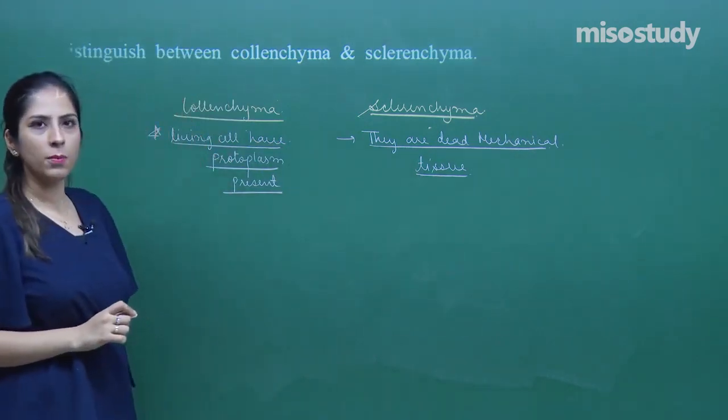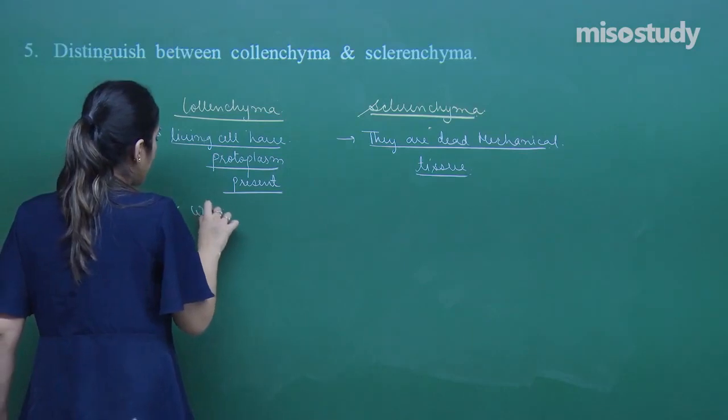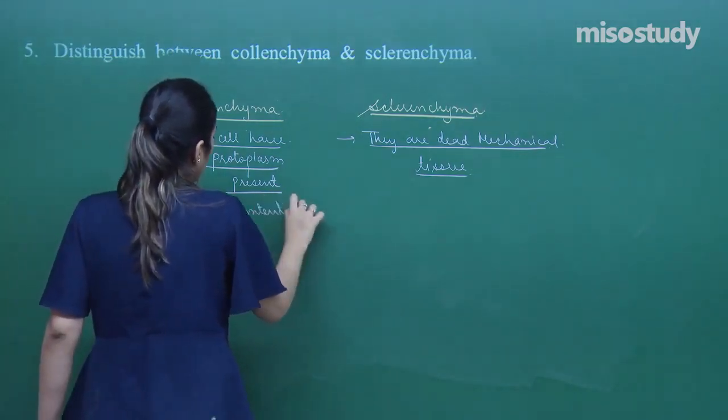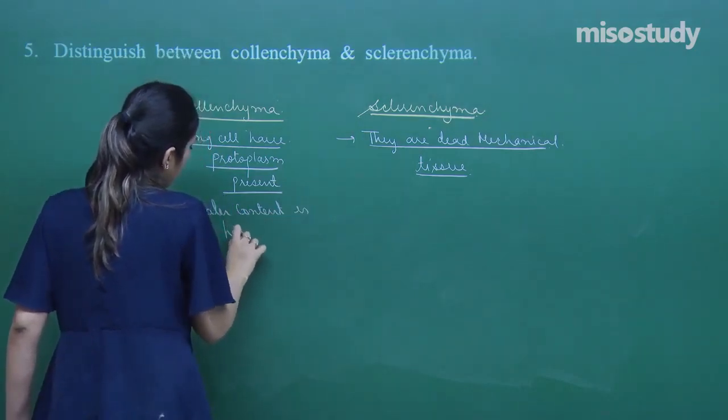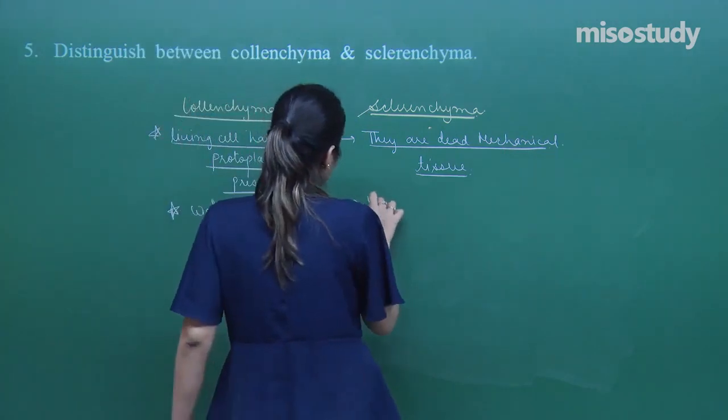Right. To talk more about the Collenchyma and the Sclerenchyma, in the Collenchyma the water content is very high, and in case of the Sclerenchyma, water content is low.